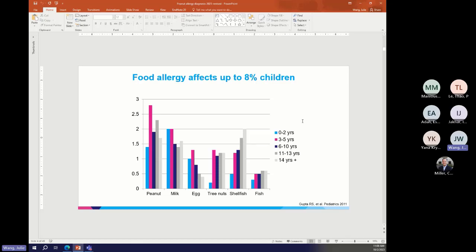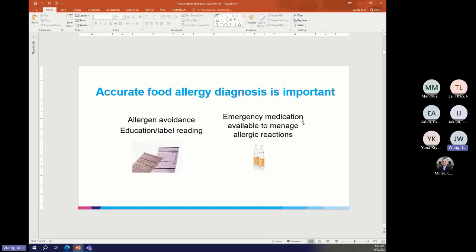And then earlier this year, sesame got added to the top 9, with wheat and soy rounding out the major allergens.